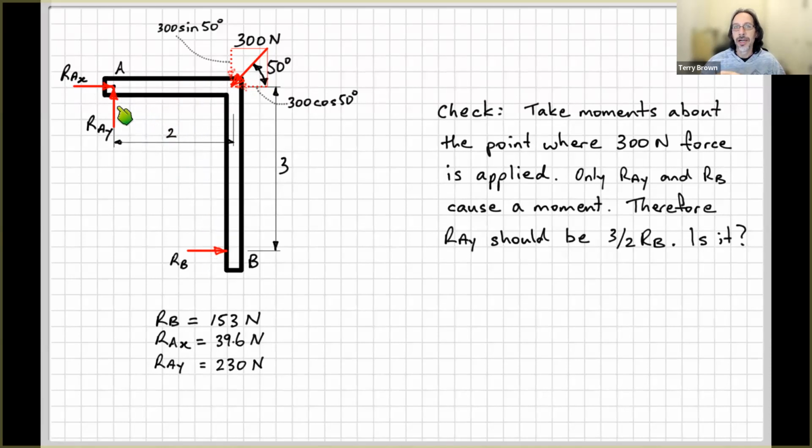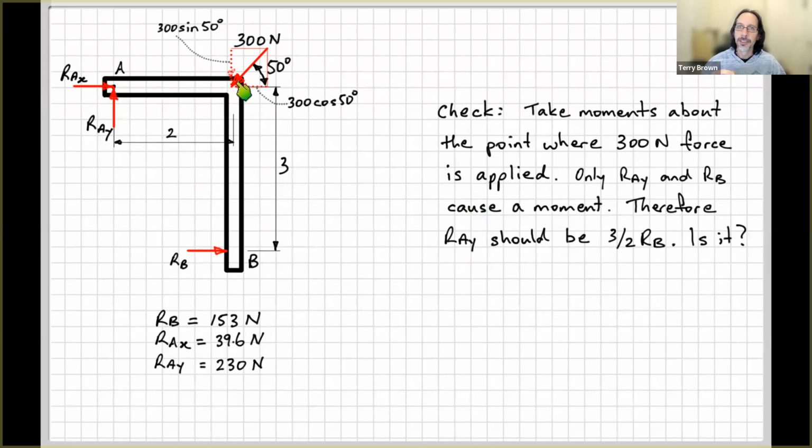So we can see that RAY times 2 needs to be equal to RB times 3. Therefore, RAY should be 3 over 2 times RB. Make sense? If you straighten this thing out, it's just a lever problem, taking the pivot point at this location at the corner here.